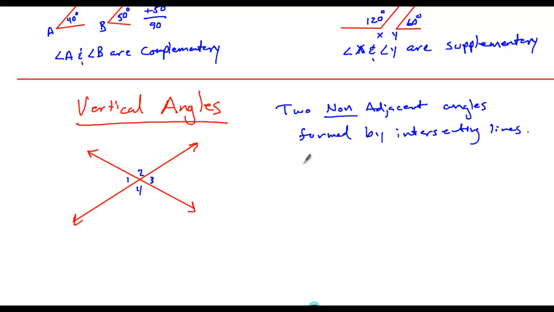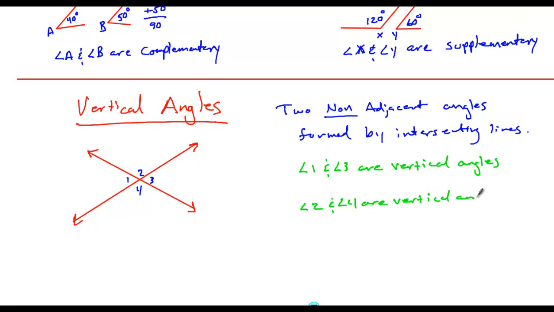So what we write, or how we identify these, is that angle 1 and angle 3 are vertical angles, and separately, but just as important, angle 2 and angle 4 are also vertical angles. Okay, this is something you just need to, however you memorize, it's how you need to memorize it.